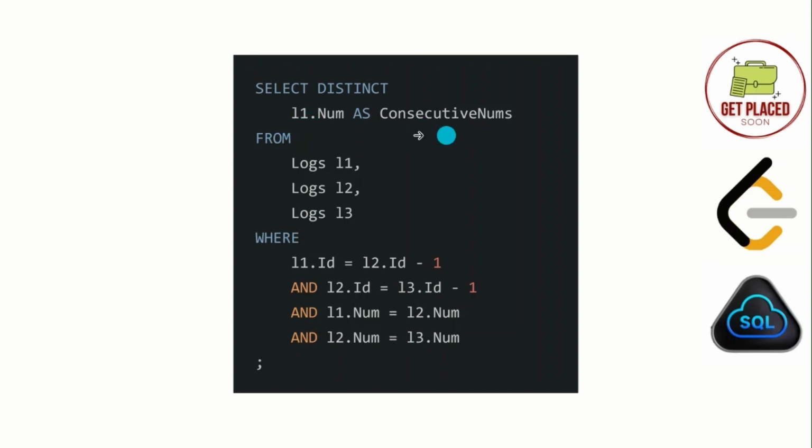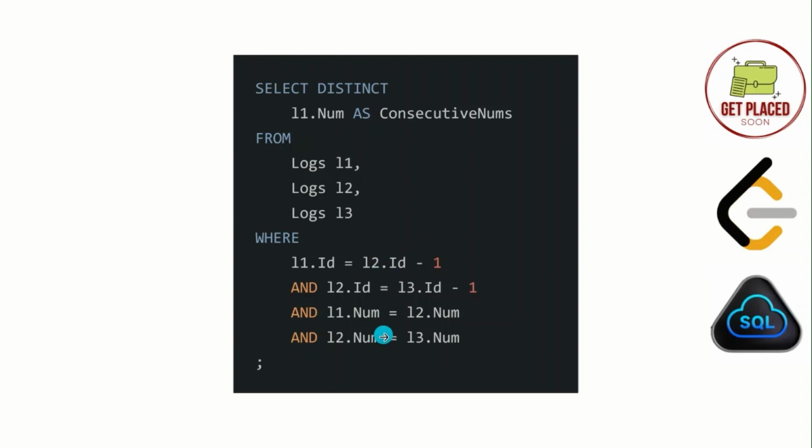So this is pretty simple. We are using a self join. We are creating 3 aliases, L1, L2 and L3. We are making sure with these 2 conditions that L1, L2 are consecutive and L2, L3 are consecutive in nature. And with these 2 conditions, we are making sure that all the 3 rows have the same number. If all these conditions are true, then only it will be printed in the result under the column name ConsecutiveNums.